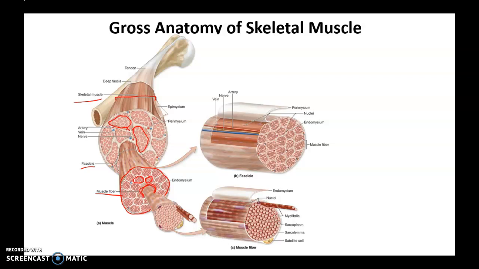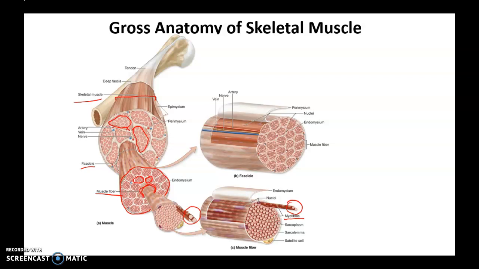If you pull out each muscle fiber and zoom in, you will see numerous rod-like proteins right here. And these rod-like proteins are called myofibrils. These rods, again, blowing it up, are myofibrils. And remember, myofibrils in turn are made up of myofilaments.